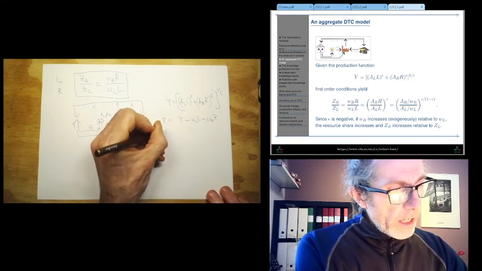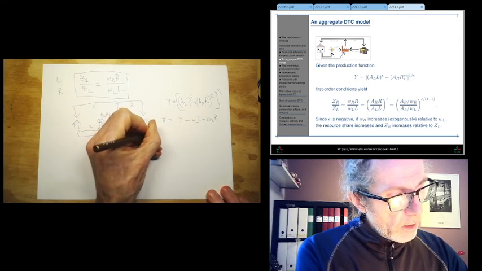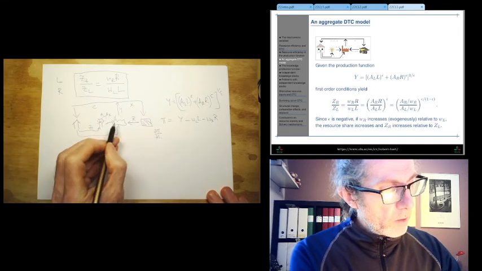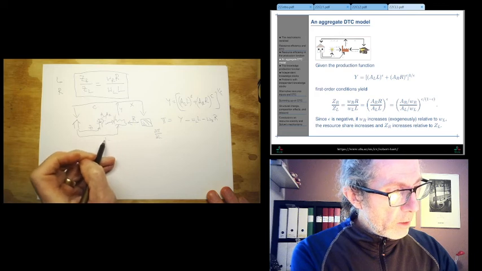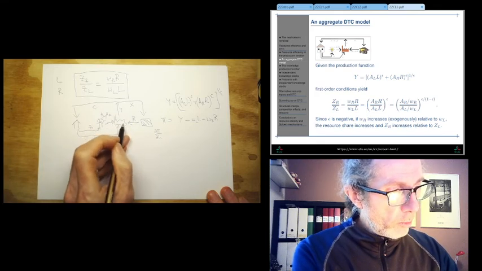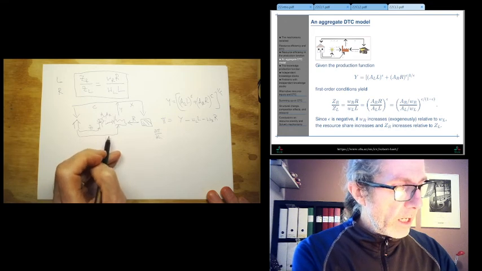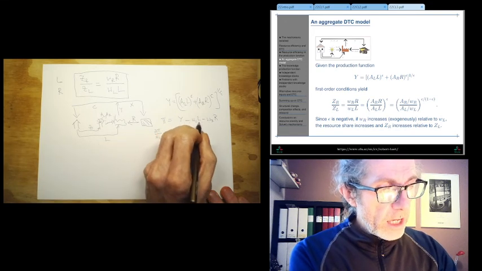And then we say first order conditions, dπ/dL. There's a fixed total labor, but each small producer can choose how much labor to hire, taking the wage as exogenous.